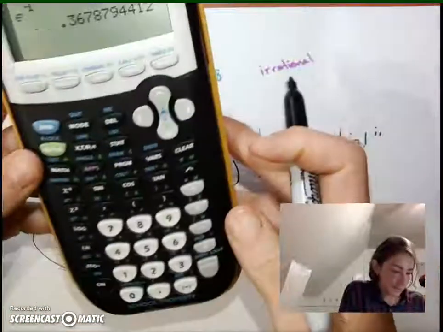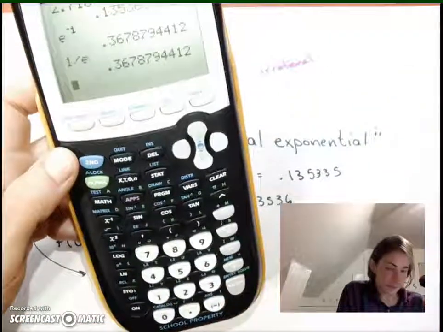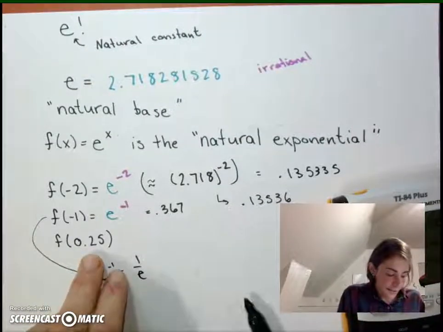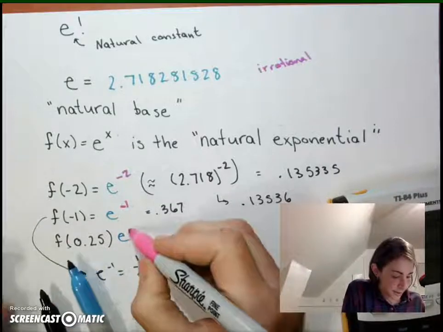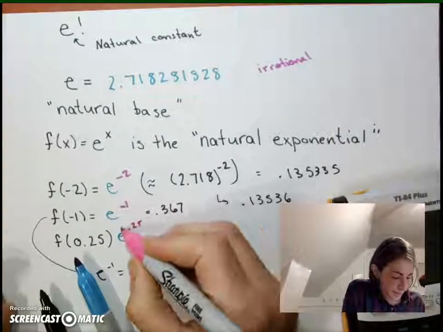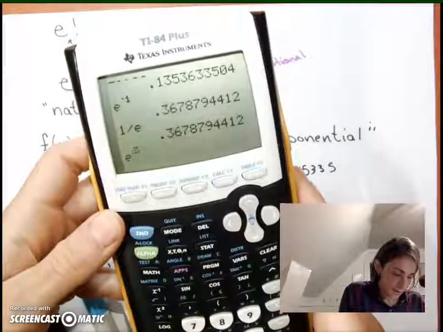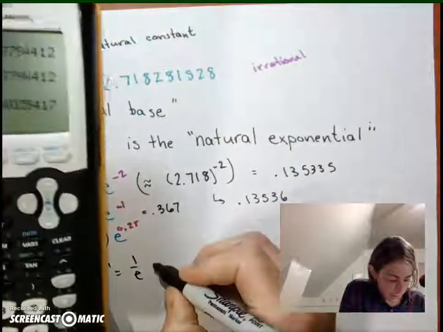That's our rules of exponents. So if we do 1 over e, we should get the same thing. And we do. And finally, f of 0.25 is going to be e raised to the 0.25. We'll go ahead and plug that in, and we get 1.284 approximately.